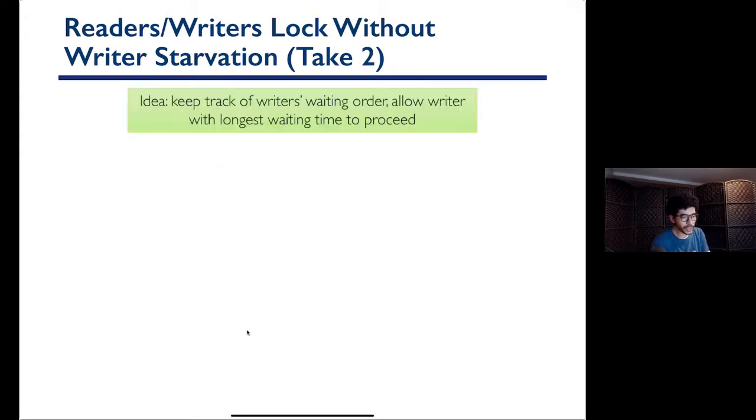Now, the second solution is to use those numbers. So we're going to add to these four variables, active reader, active writer, waiting reader, waiting writers, two more variables. One would be a number of writers, which shows us how many writers so far have come.